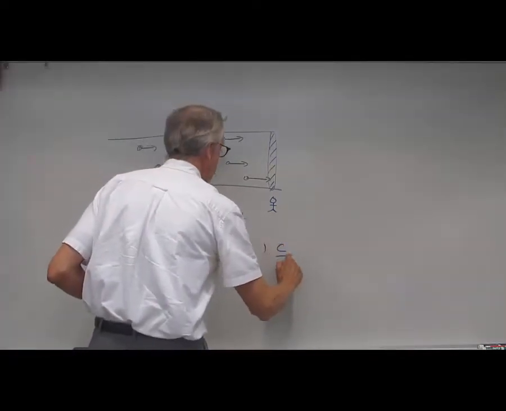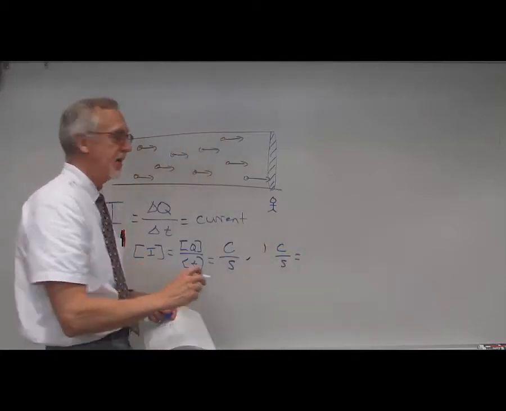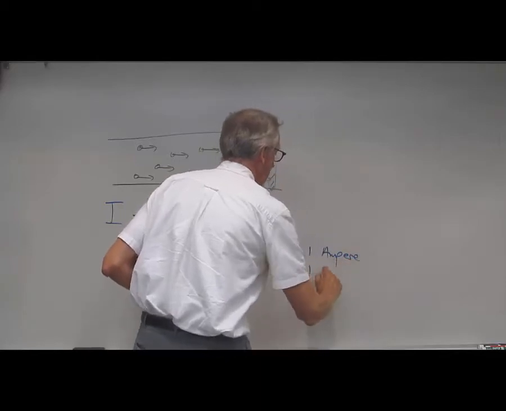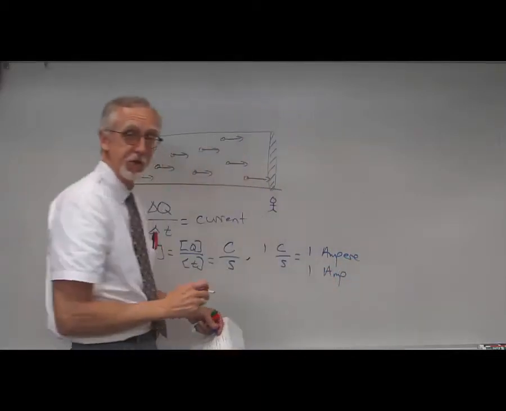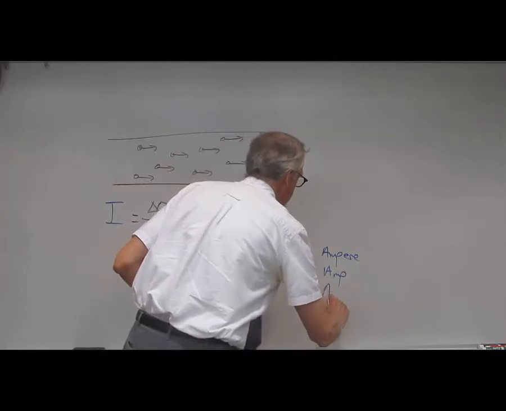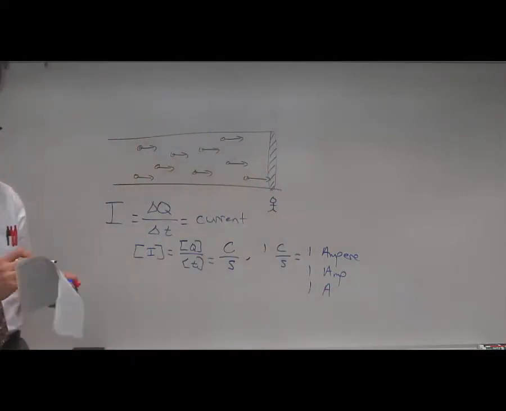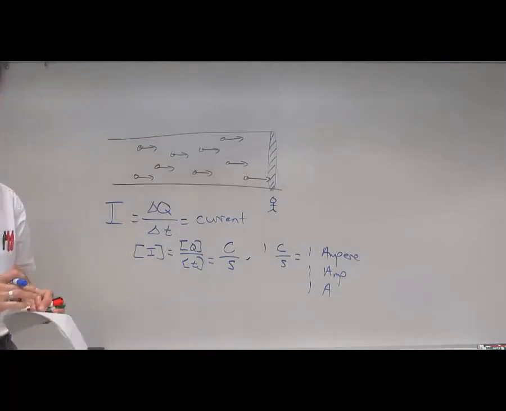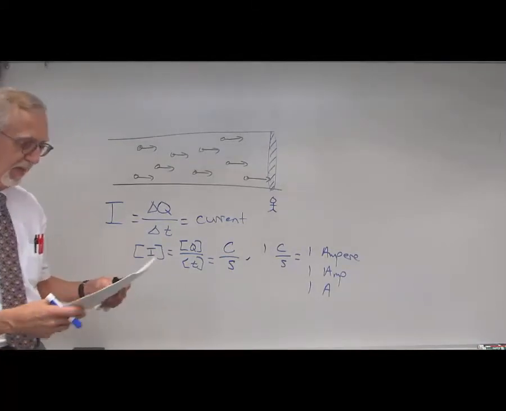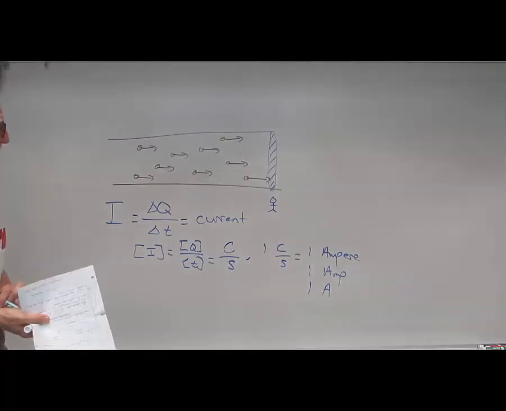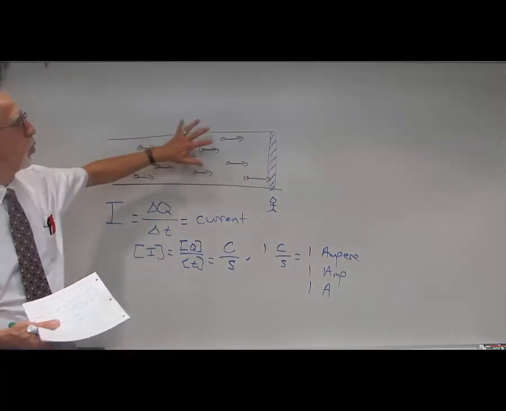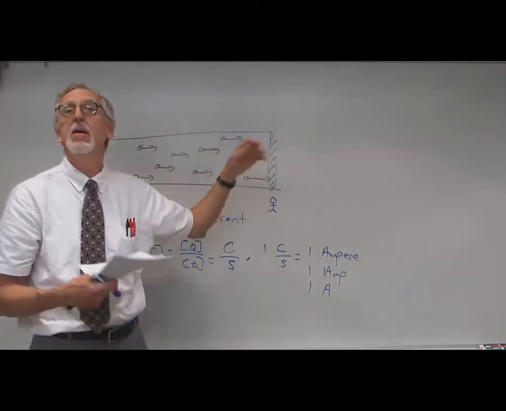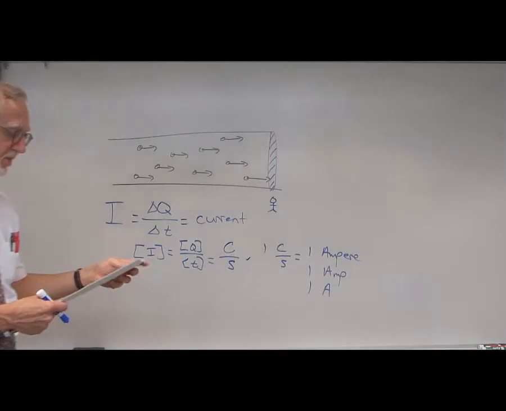And 1 coulomb per second is defined as 1 ampere, or 1 amp for short, or just 1 capital A for even shorter. So the units that we will use for current will be amps, and the symbol is just going to be a capital A. But keep in mind, 1 amp means 1 coulomb of charge passing through the wire every second. 1 coulomb per second.